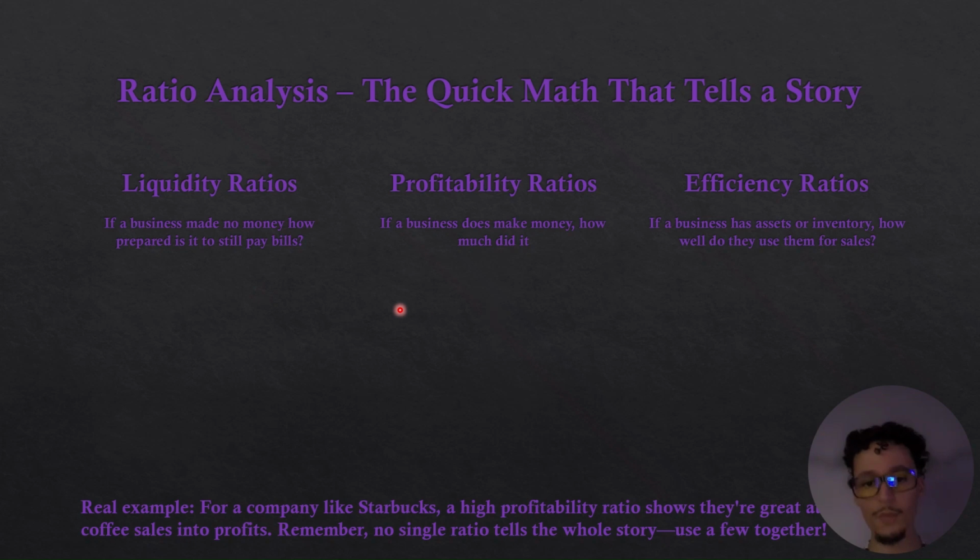Now, profitability ratios: is the company making good money? An example of that would be return on equity, which is net income divided by shareholders' equity. A 15% return on equity means for every $100 owners invested, they got $15 profit in return.